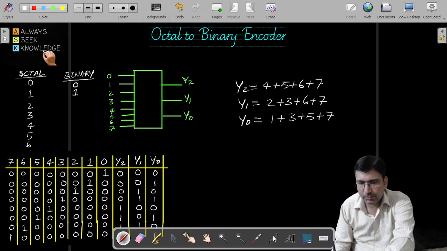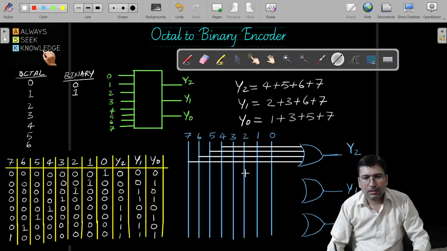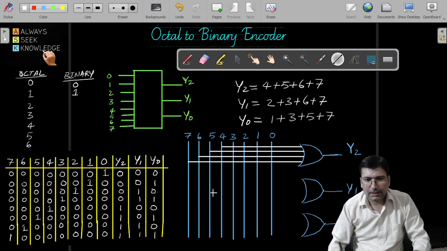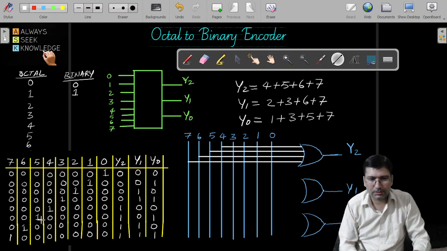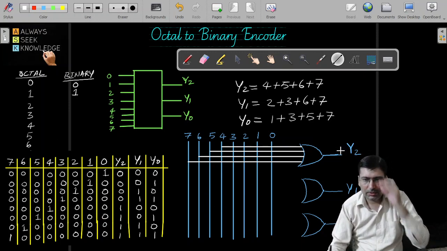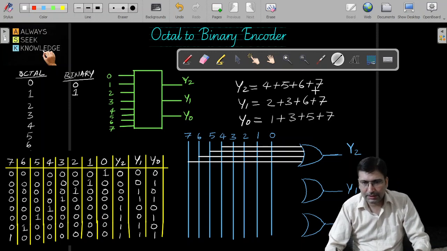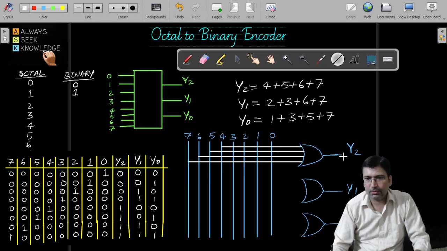Let me draw it quickly. If there are 8 input lines, when we draw this circuit according to this truth table, y2 is high for 4 5 6 7. So let's say these are the input lines 0 1 2 3 4 5 6 7. We connect 4 5 6 7 in order to get y2.